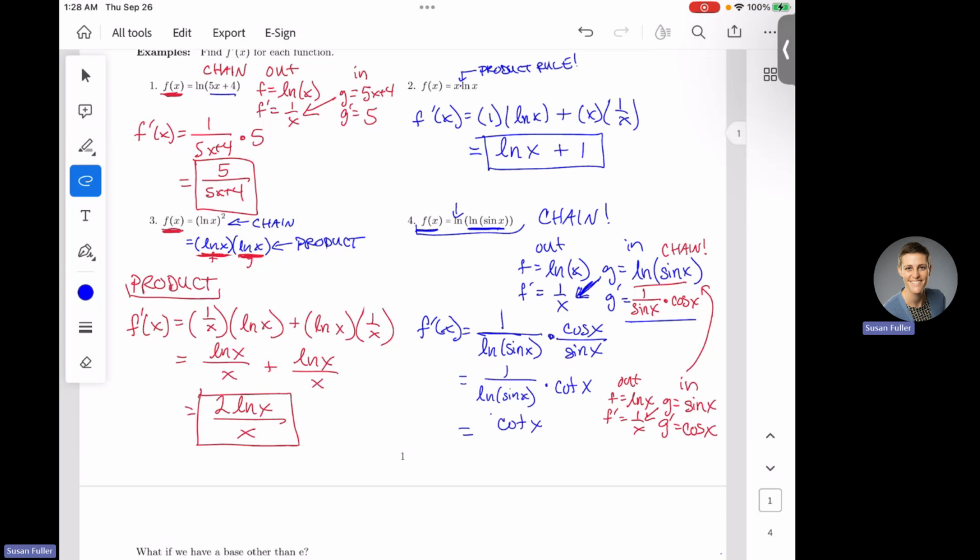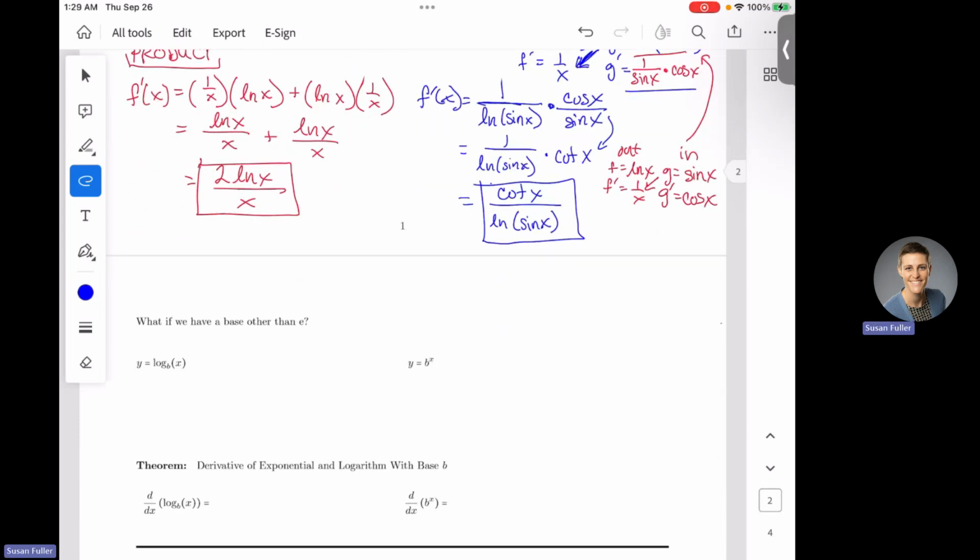So this would be cotangent of x divided by the natural log of sine x. I think that's about as simple as we could go. It's a little simpler just because we have one less trig function. So I'll call that simplified. All right, y'all. 2 more rules.